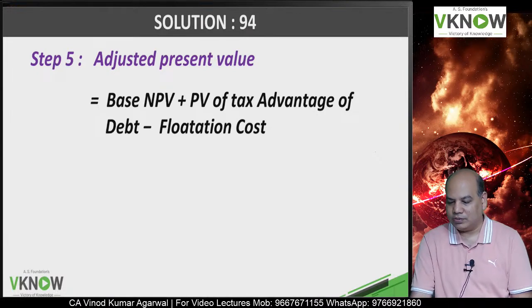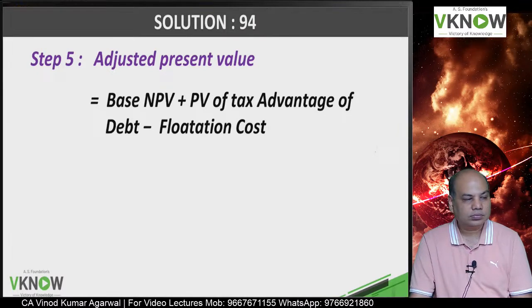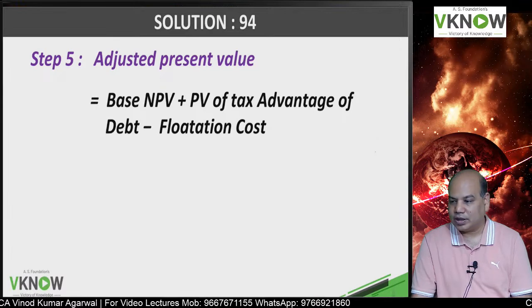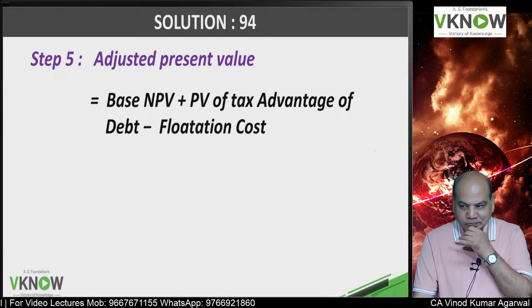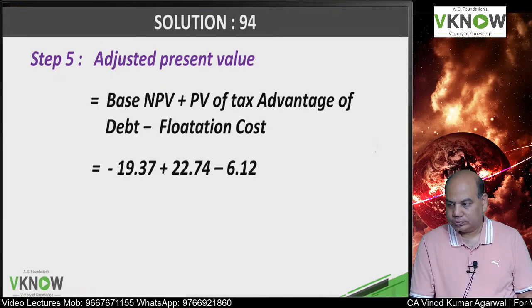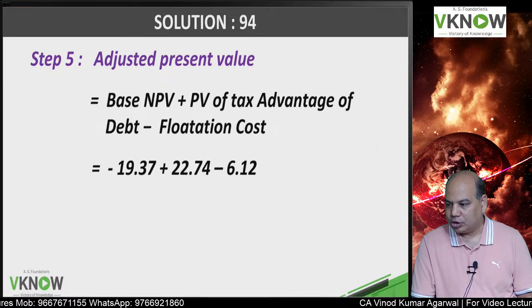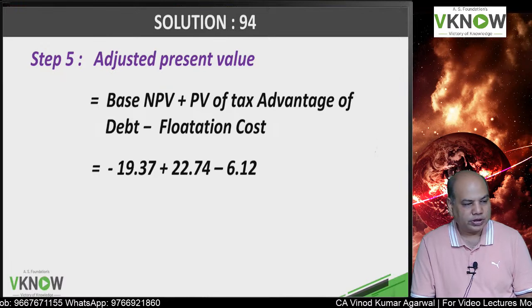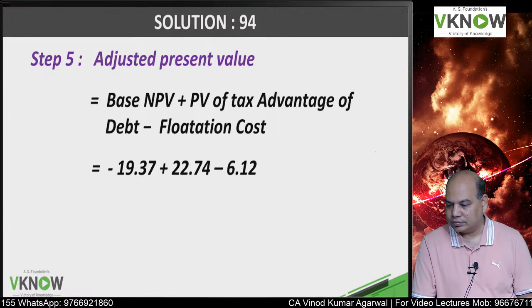Base NPV plus PV of tax advantage of debt minus flotation cost. Base NPV minus 19.37, PV of tax advantage of debt 22.74, minus flotation cost 6.12.